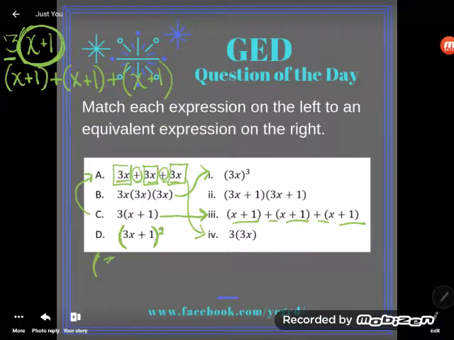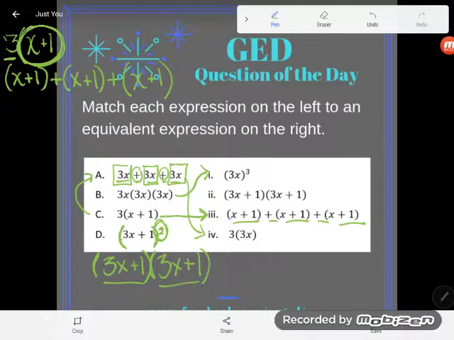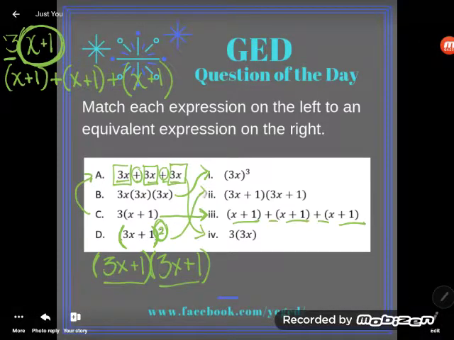That means that entire 3x plus 1, notice how I use parentheses when I want the entire thing, is multiplying by itself. I'm going to write the same thing, 3x plus 1, 2 times. This exponent 2 means the same expression 2 times. So 3x plus 1 times the quantity of 3x plus 1. So D matches with 2.